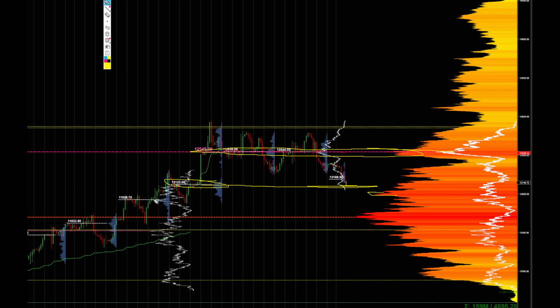Then right here there's a most traded price of this week. That could be another destination, but we know we have a 200-day moving average like I pointed out in the other chart. Ultimately, we also have the most traded price of the rolling year, which is 116.98 in the Nasdaq. That could be where we ultimately land.